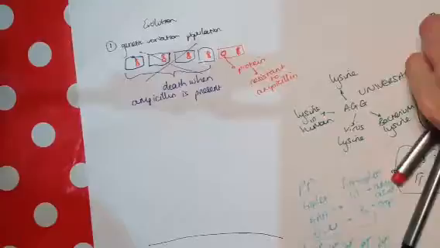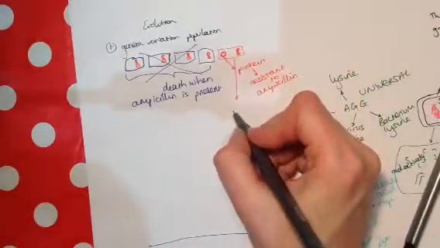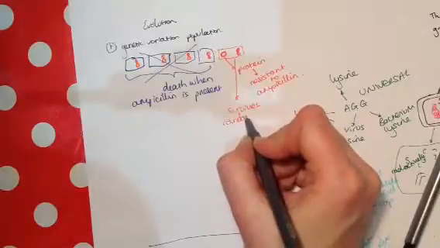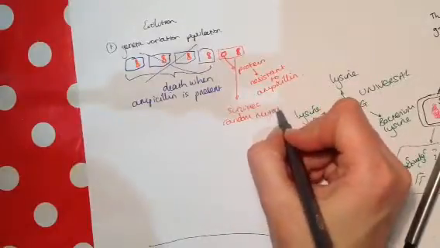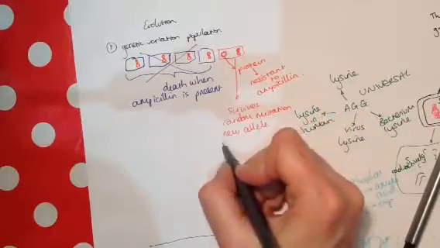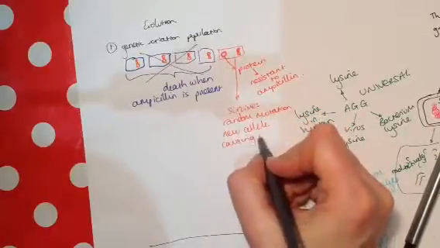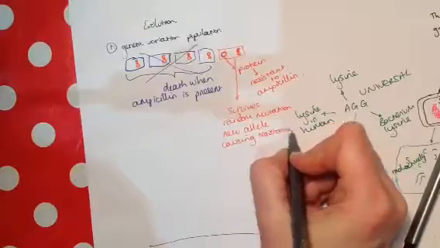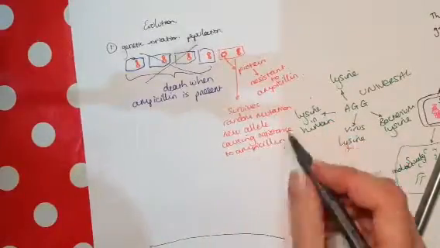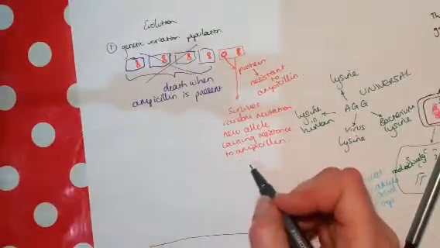And it's only this one, this ampicillin resistant, that survives. So this random mutation has led to a new allele causing resistance to ampicillin, and it is only in the environment where ampicillin is used that it's any good.